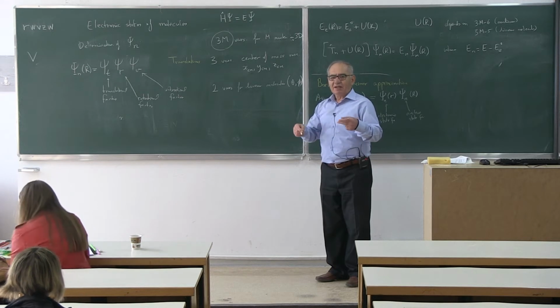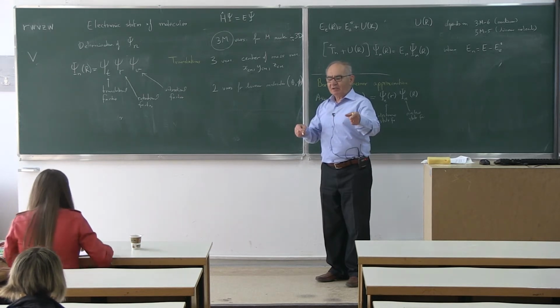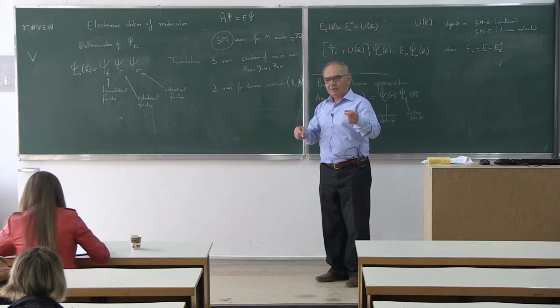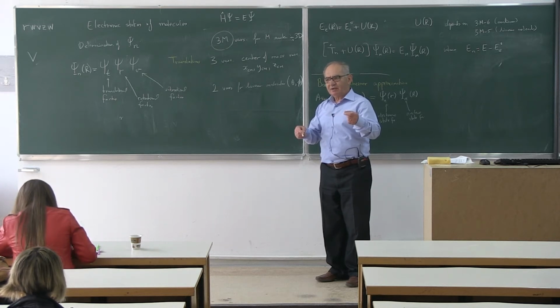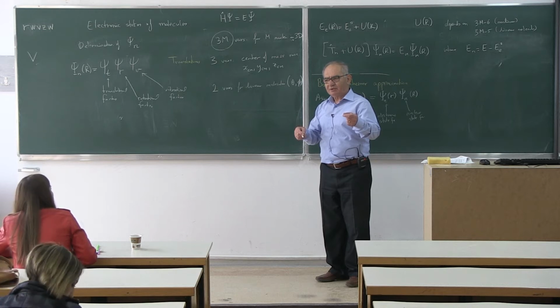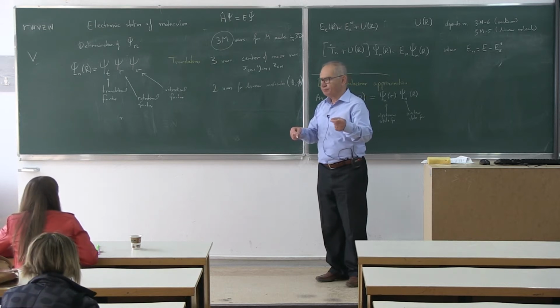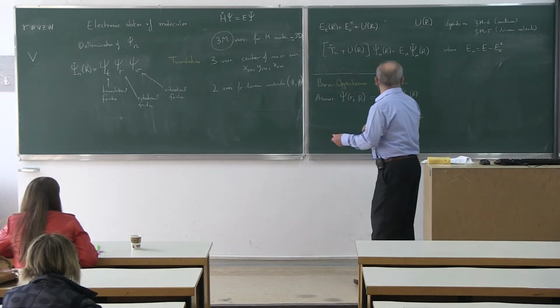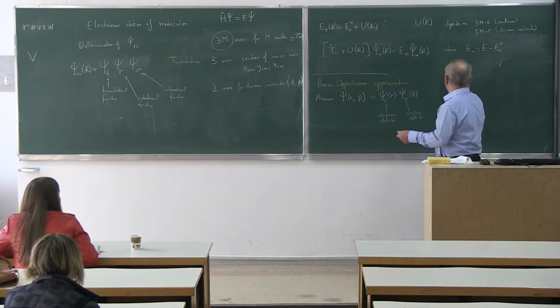For example, as a normal geometry of acetylene molecule, acetylene contains how many atoms? C2H2.